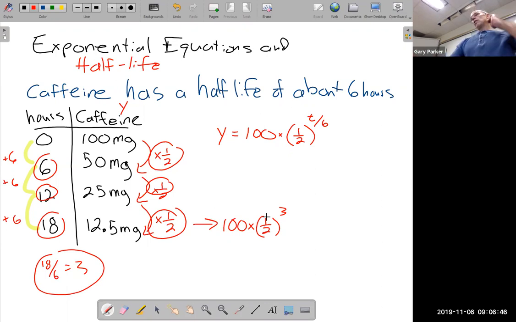Now, taking this a step further, often when we're talking about exponential change, we look at a percent increase or a percent decrease. Well, this is a decrease, so let's see if we can find the percent decrease. Okay.